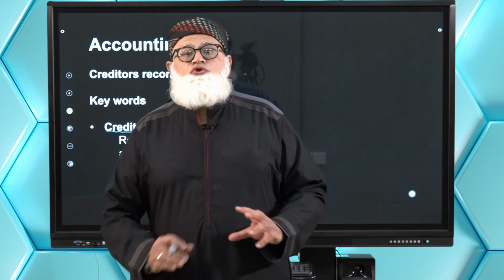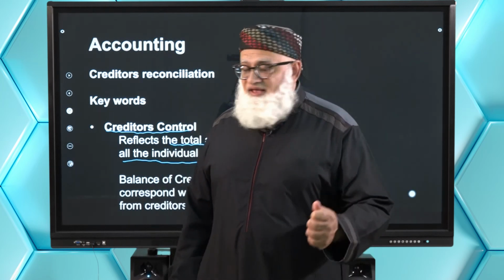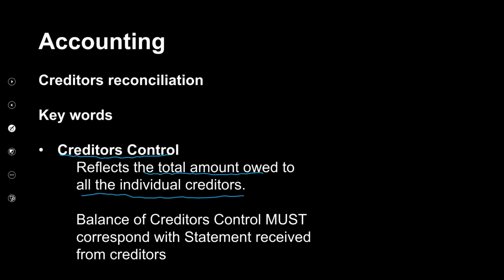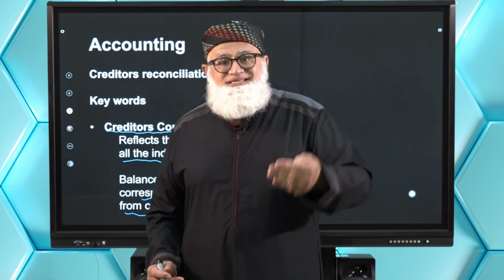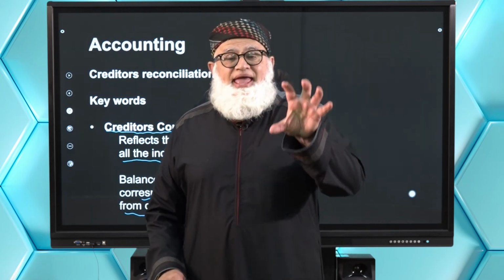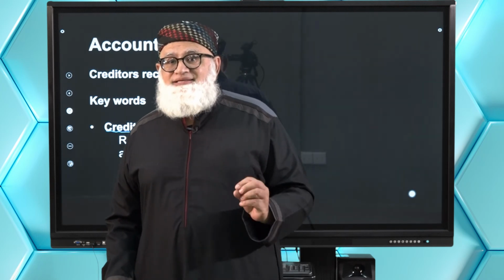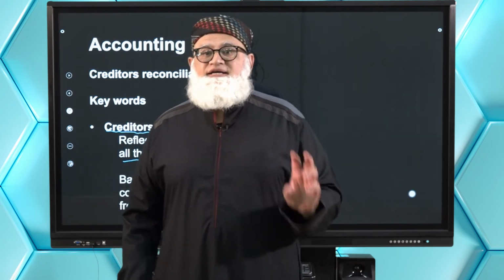Rather, it would give you the total amount that's due to all your creditors. Therefore, the balance of the creditor's control account must correspond with the statements received from the creditors. Obviously, what we're referring to here is all the statements that we are receiving from all our creditors. If we add up all those statements, it must agree to the balance appearing in my creditor's control account.